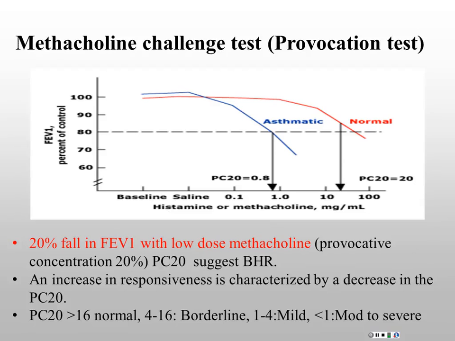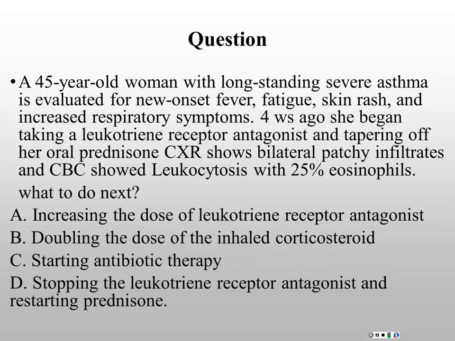In a normal individual, you keep giving escalating doses and the FEV1 will start dropping at a certain level, but in asthmatic patients or patients with airway hyperreactivity, this drop will happen earlier. You can look at what dose this 20% drop happened, and then say if it's normal or mild or moderate or severe. This can be a helpful way to diagnose cases of asthma which don't present with a classic picture on the pulmonary function test.